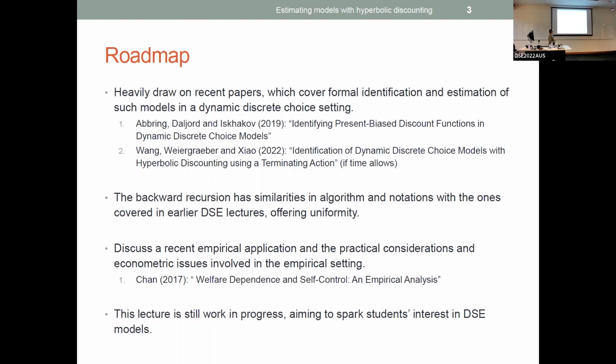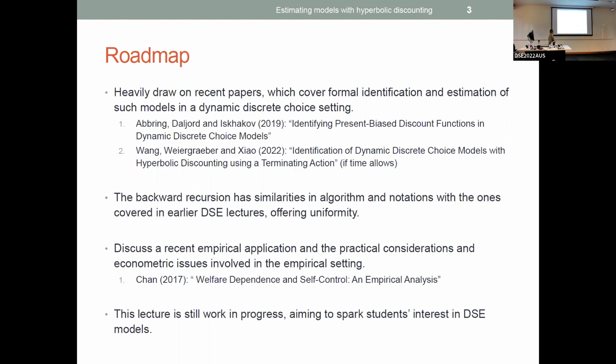So a lot of the time we spend on discussing the specific details of the paper by Abbring, Daljord, and Iskhakov, 2019, identifying present bias discount functions in dynamic discrete choice models. If time allows, I'll also talk a bit about a paper released earlier this year by Wang, Wargreiber, and Xiao.